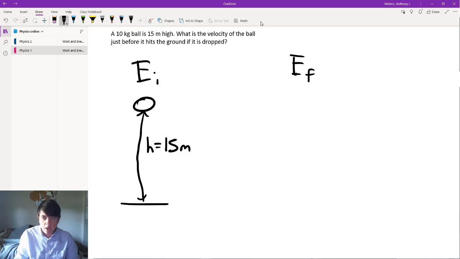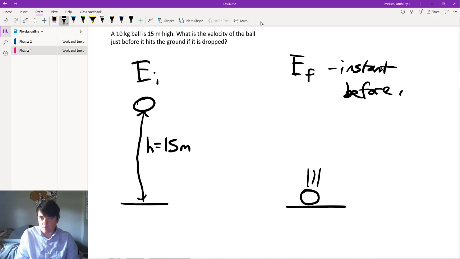And then our final, what we'll see is you want to do it the instant before the ball hits the ground. So this is the E final, the instant before.